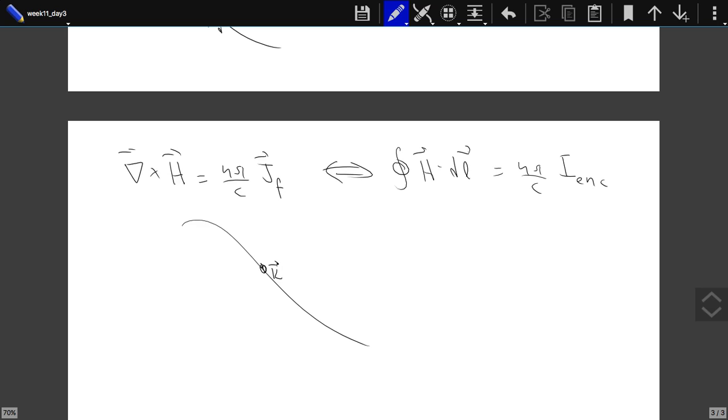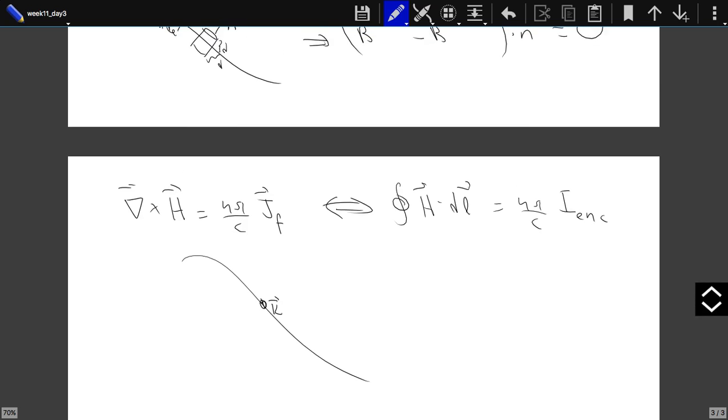That basically means that there is no current running through my loop. The current is running parallel to my loop, so the right-hand side is 0. So this equation tells me that H inside minus H outside, if our loop is parallel to the current, should be 0.